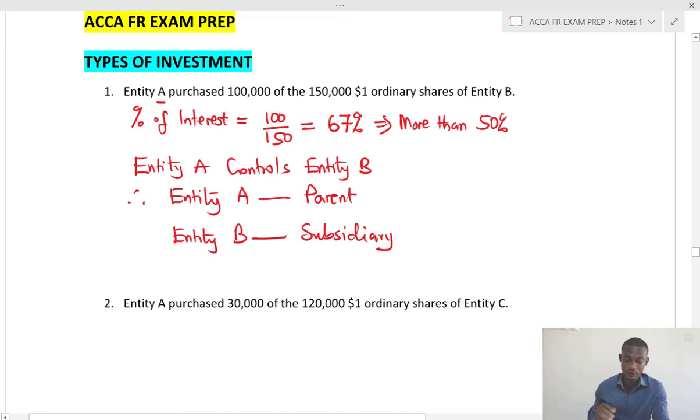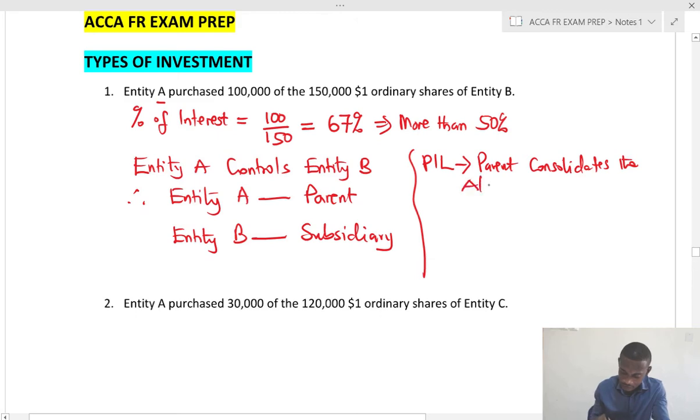So in the consolidated account, so in P&L, entity A, so the parent, consolidates the accounts of B, i.e. revenue, cost of sales, admin, or the other operating expenses, all of which will be consolidated.